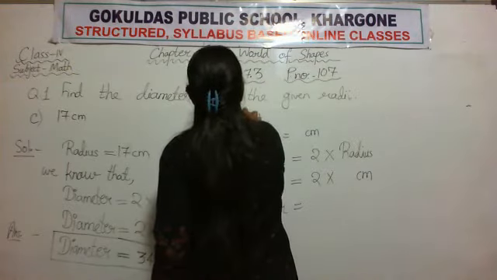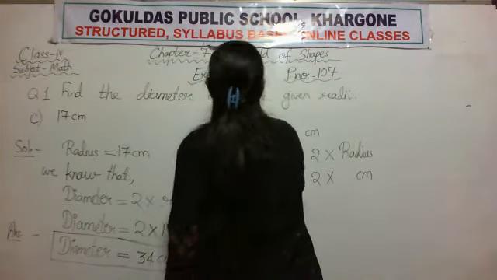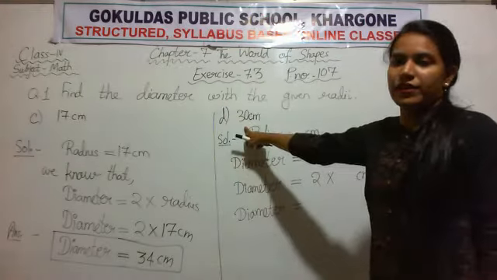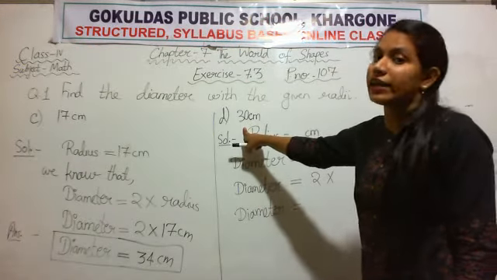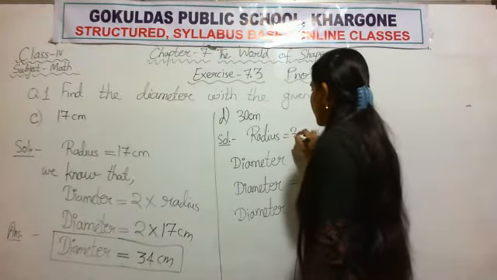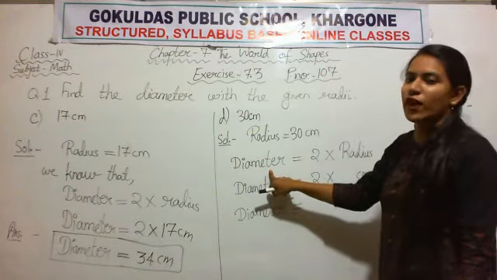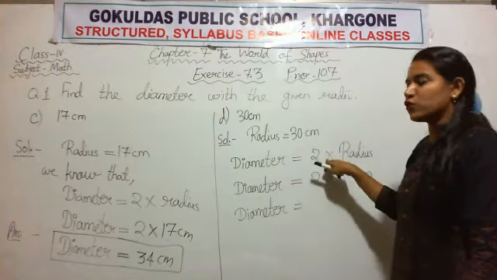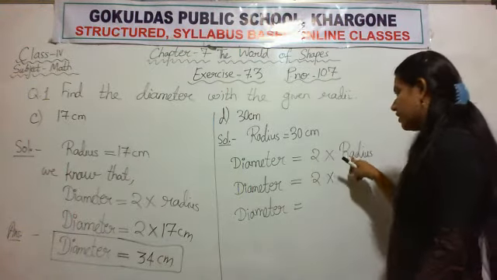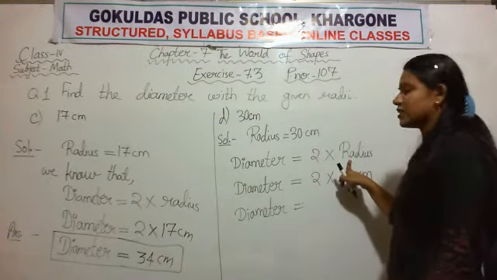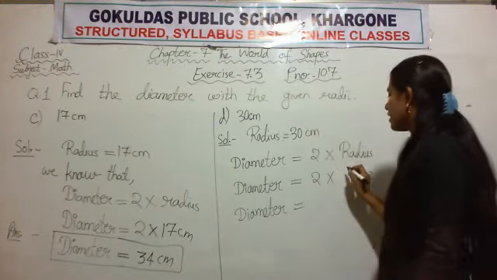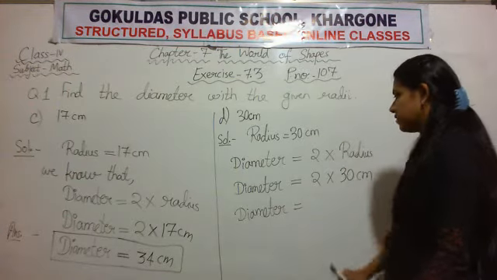Question D. The given radius is 30 centimeter. Now what is the formula for diameter? Diameter is equal to 2 multiplied with radius. So 2 multiplied with, what is the value of radius here? 30 centimeter. So write 30 centimeter.